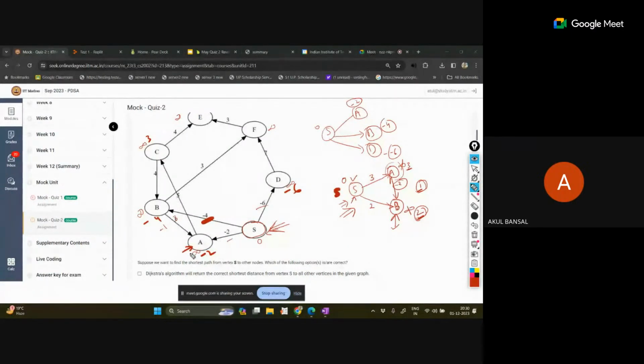To answer Shreya's question earlier, when you are visiting B, you have not visited A yet, because the weight of A is greater than the weight of B from S. So you can update it. If, let's say, the weight from S to A was -5, then this would have been problematic.